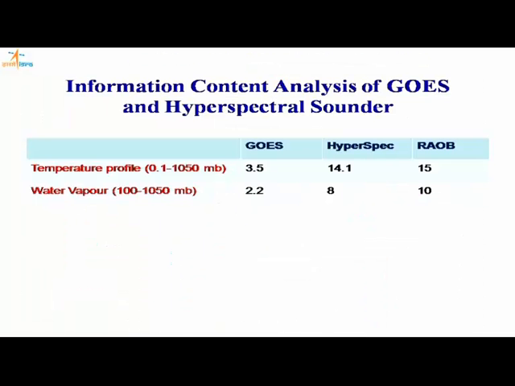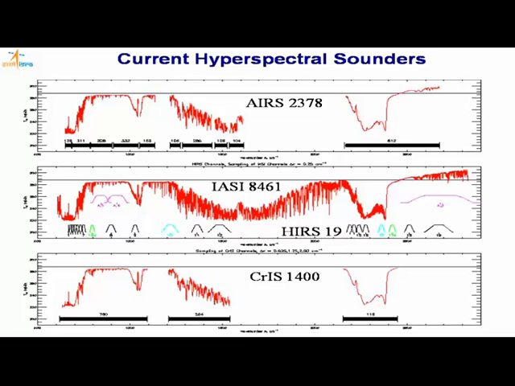Now one more aspect I want to discuss about hyperspectral sounders, and that is information content. Now from this satellite you know that there are thousands of channels. We have more than 8,000 channels on IASI, but we are not getting independent information from IASI.